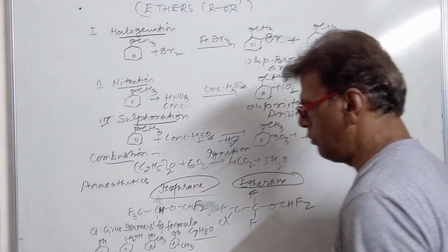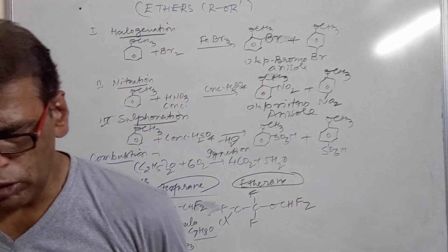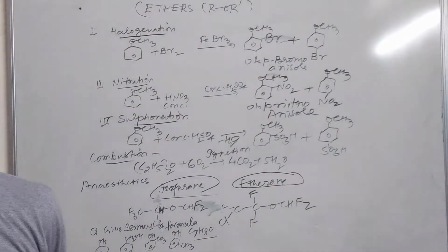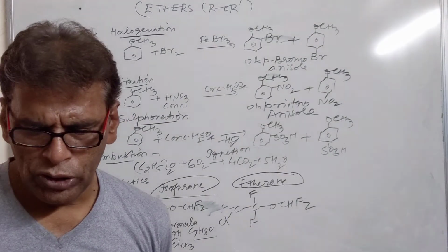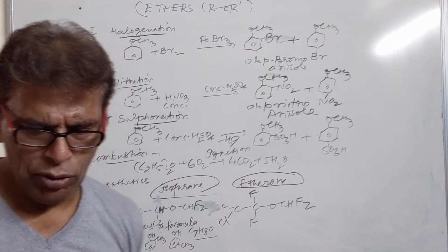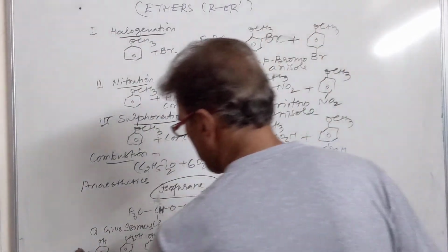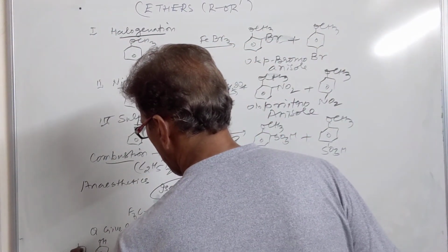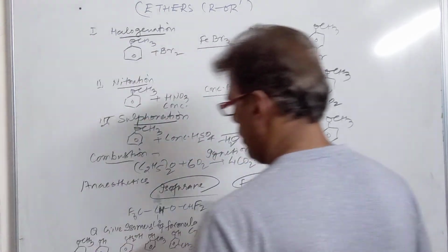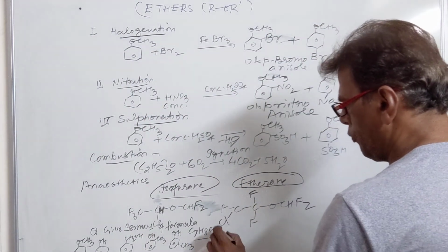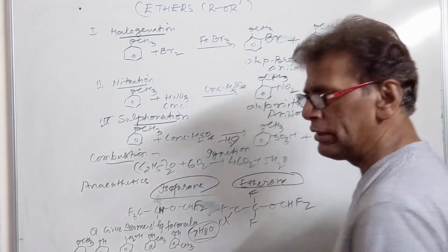So these are the 4 isomers of formula C7H8O: benzyl alcohol, orthocresol, metacresol, paracresol, and one isomer is methoxybenzene. So we have 5 isomers of formula C7H8O.